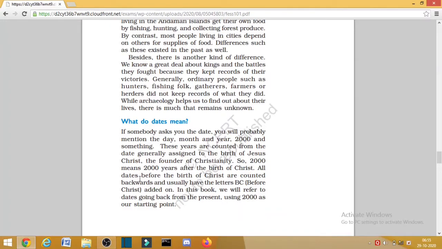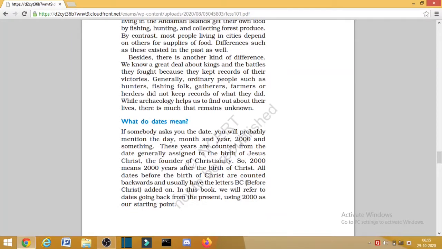All dates before the birth of Christ are counted backwards and usually have the letters BC, before Christ.